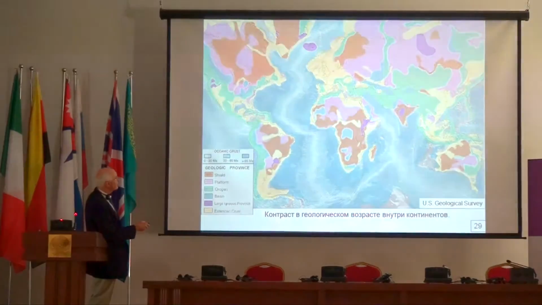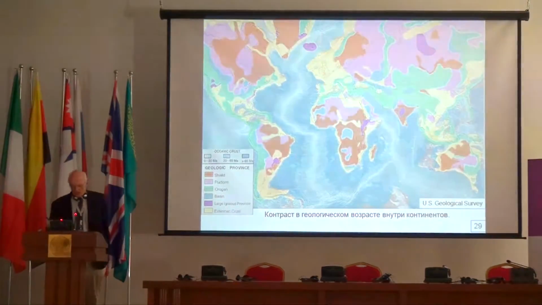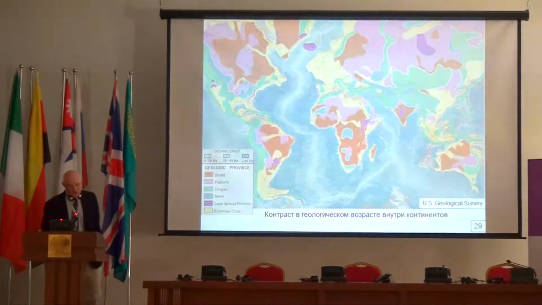That contrast is related to the geological age. This is a map of geological age in the world, and these dark colors, red here, purple, which you see here, these are old rocks. And India is made of very old, cold rocks, and that is why it is strong.